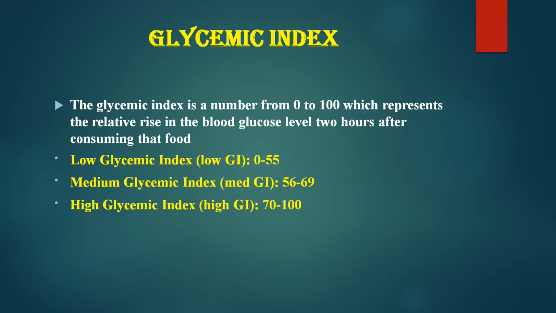The glycemic index of mango is very high, of watermelon is very high, but the glycemic load of these food products is very low. Ice cream's glycemic load is very low. Anybody knows why? Yes, because it contains fat and protein.